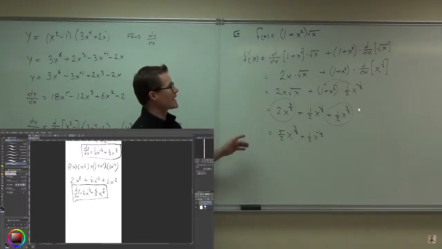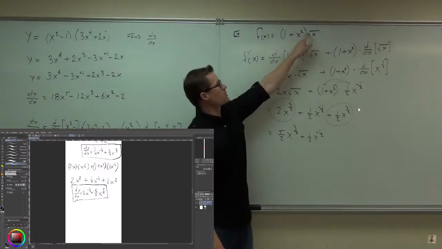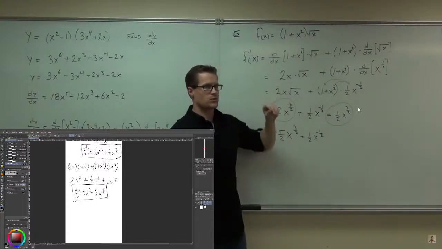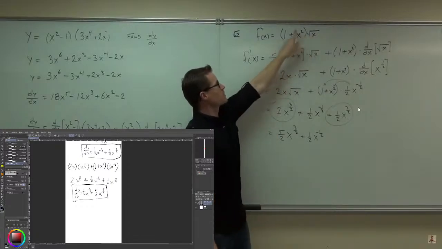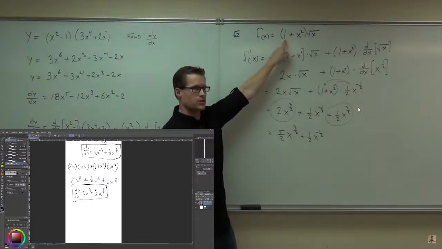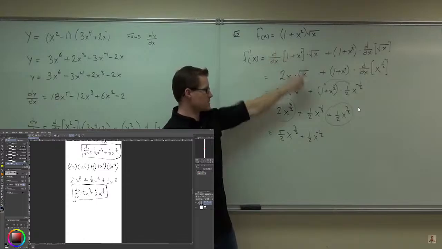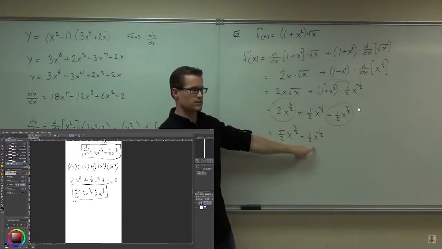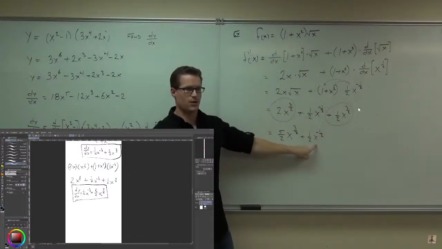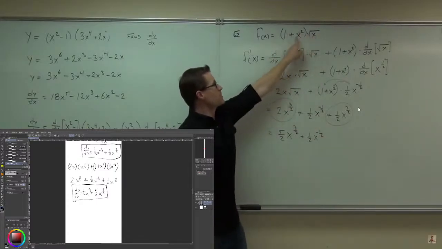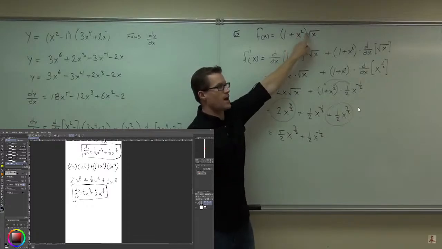That's actually exactly what you'd get if you distributed this and then took the derivative. Just do it in your head if you want to, think about it. If you distribute this, you're going to get root x, right? Square root of x, the derivative of that is this right there. You see it? The derivative of this is this one. You follow? Distribute this, this is going to be x to the 5 halves.